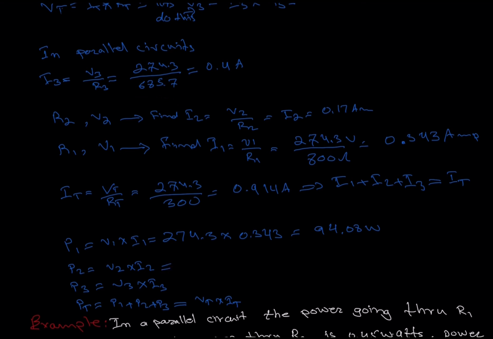P2 will give me 274.3 times, what is I2? I2 is right here, 274.3 times 0.17 will give me 46.6 watts.